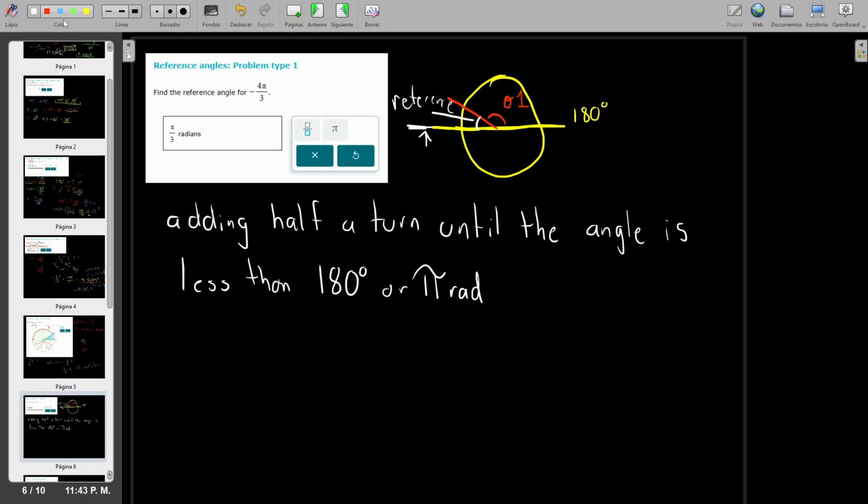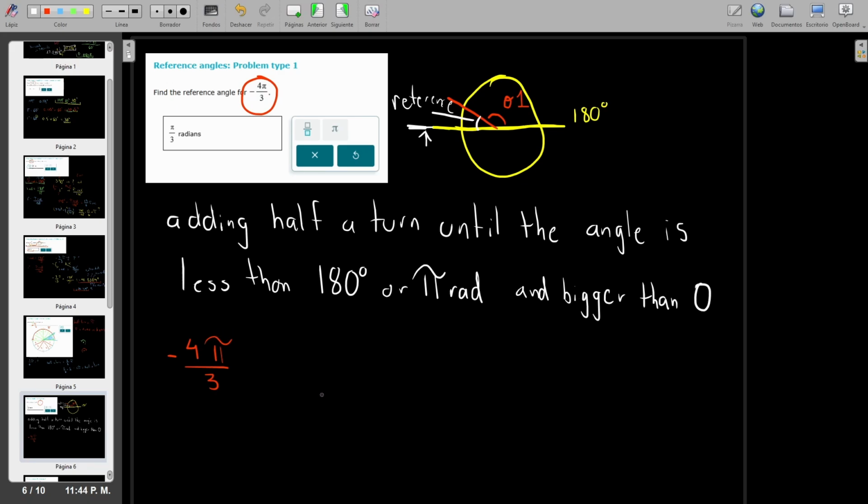In this case, they're giving us the angle, minus 4 pi over 3. I need to add something to this until it is less than 180 or pi radians and bigger than 0.